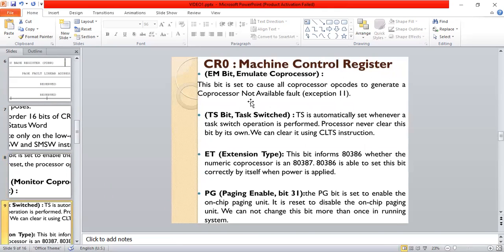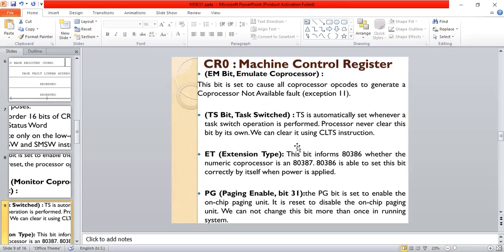CR0 machine control register bits. The EM bit means emulate a coprocessor. This bit is set to cause all coprocessor opcodes to generate a coprocessor-not-available fault. The TS bit is task switched. TS is automatically set whenever a task switch is performed. The processor never clears this bit on its own.